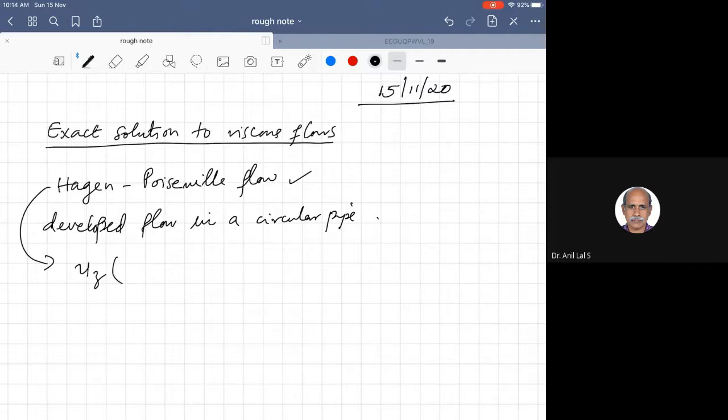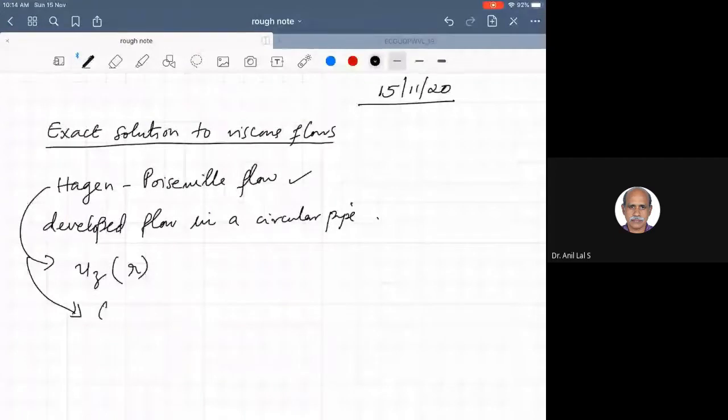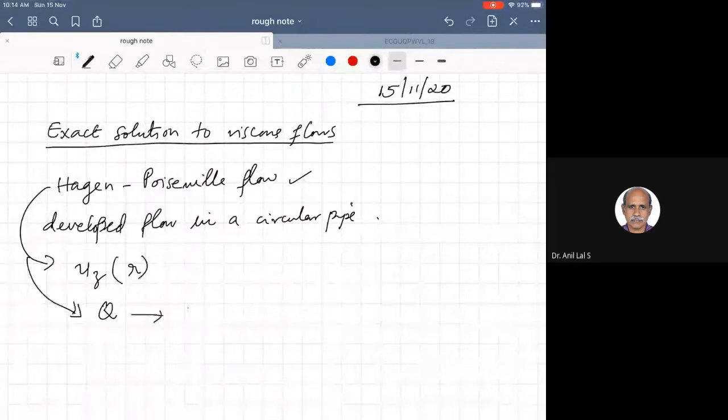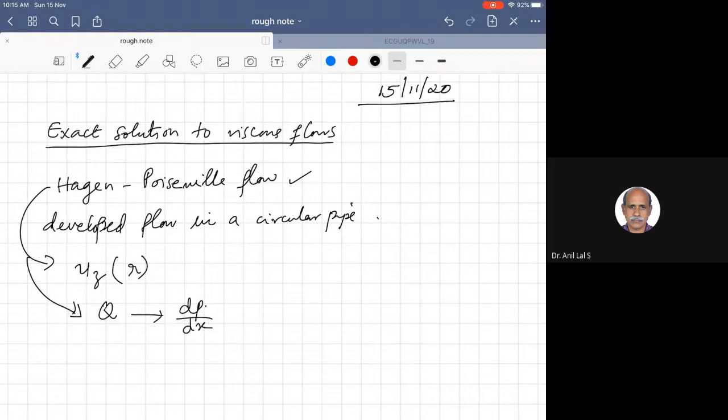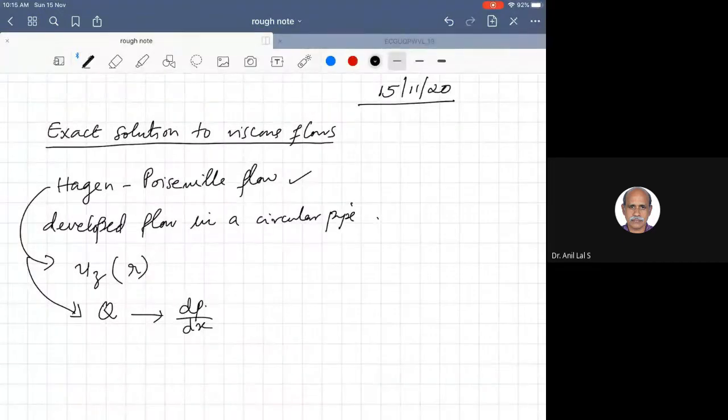In the developed flow, it's a function of r only, and also the discharge as a function of the pressure gradient, and of course the radius, viscosity, etc.